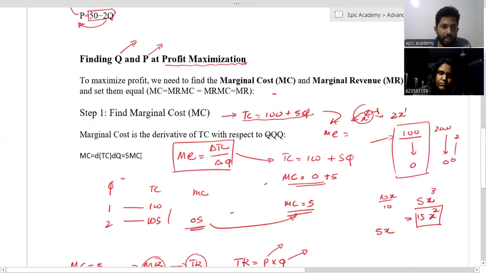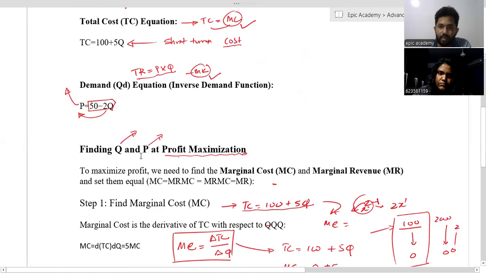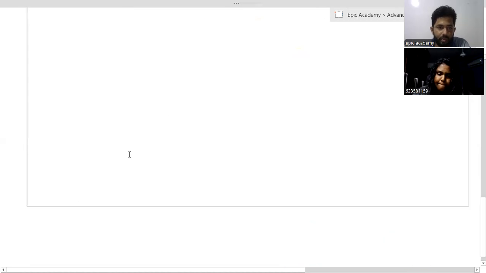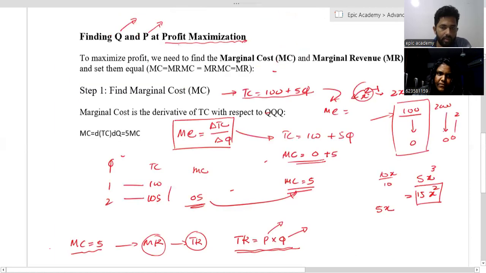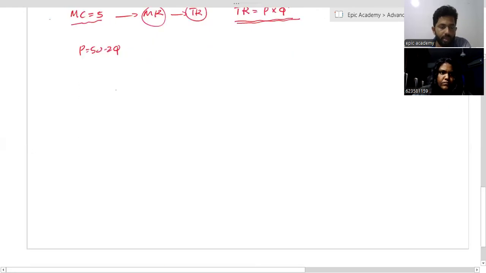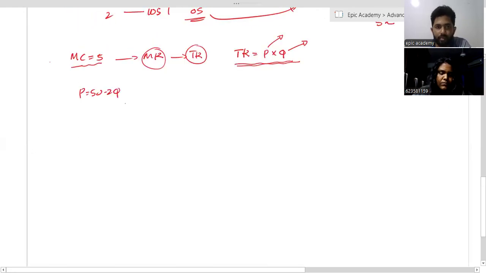It is represented by P. So P equals 50 minus 2Q, isn't it? Yes. Then how can we use this? TR equals P multiplied by Q. For the P, we can substitute this equation.